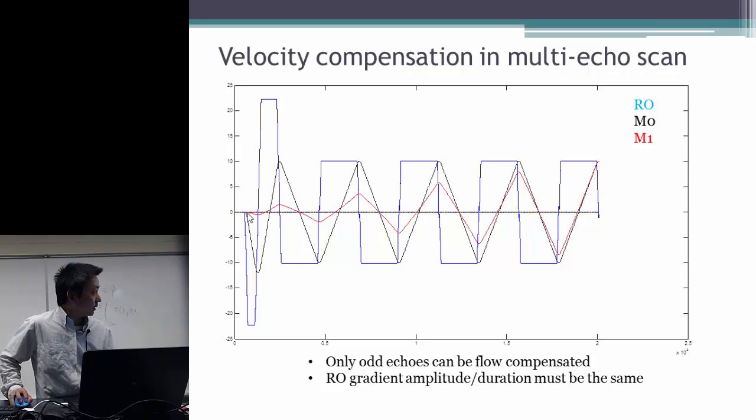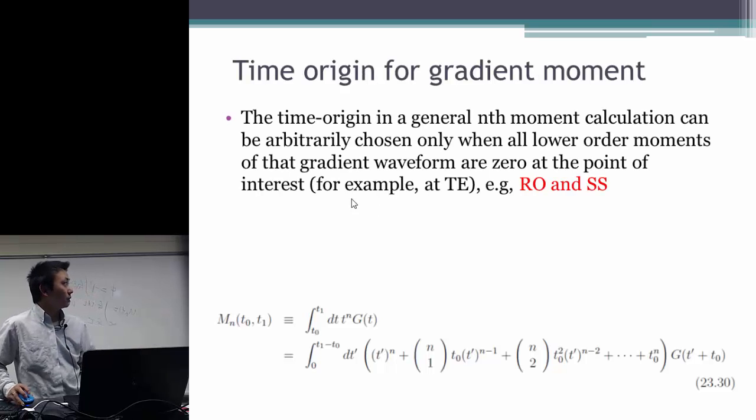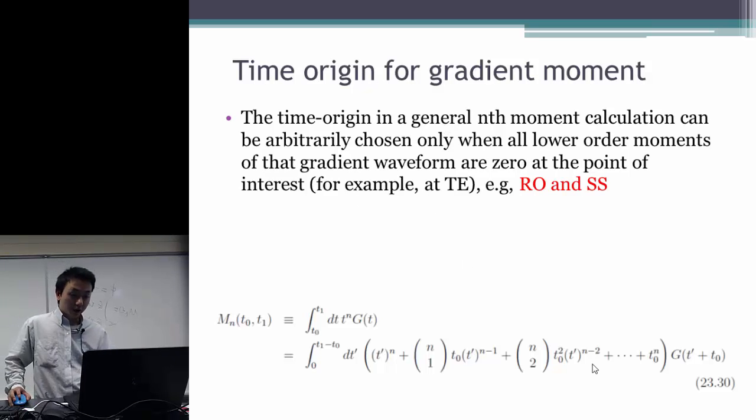So if we start the calculation from here, when we start playing out the gradients, the values at different points will be different if we set the integration time origin before this, for example at the center of the RF excitation, right? So this will give you different values. So how do we correctly set this time origin for the gradient moment calculation?